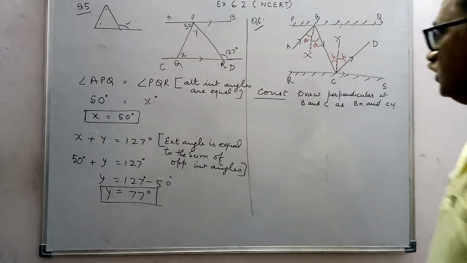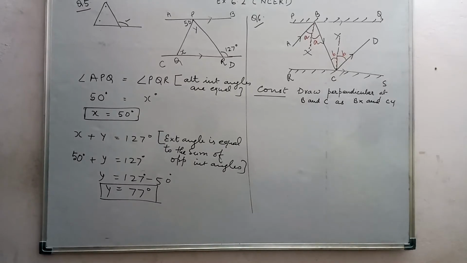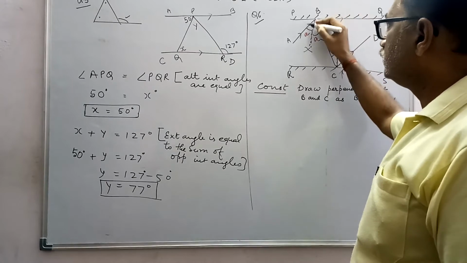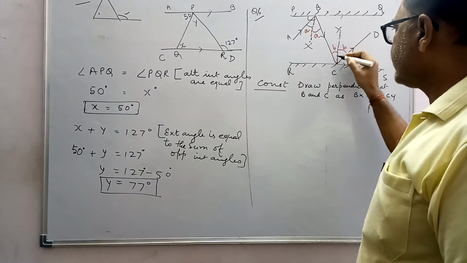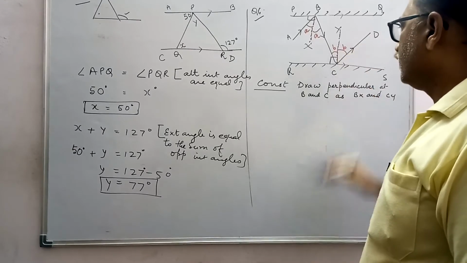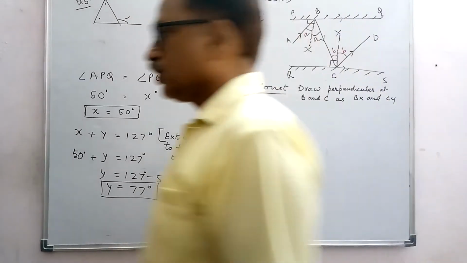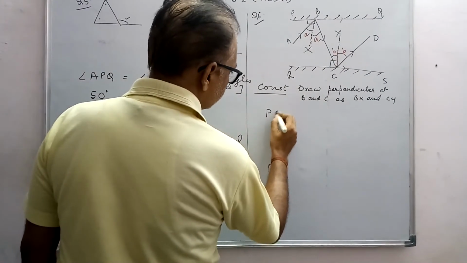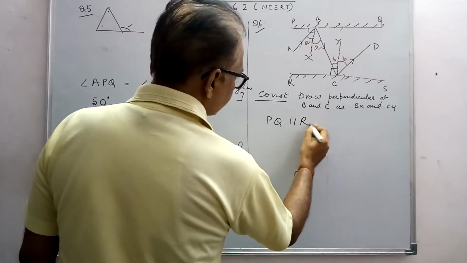Now, Bx is perpendicular to the surface here, PQ, and Cy is perpendicular to the surface here, and both these surfaces are parallel. So see, PQ is parallel to RS, given.